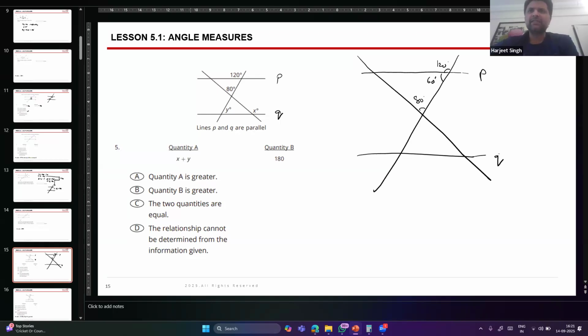The sum of angles in a triangle is 180, which means this angle will be 180 minus 60 minus 80, 40 degrees. So this angle becomes 40. If this is 40, this angle becomes 140.